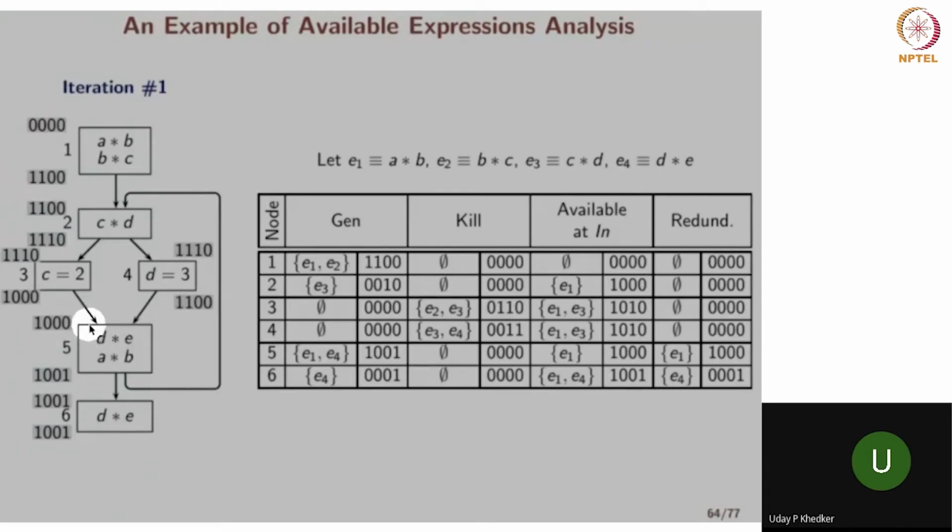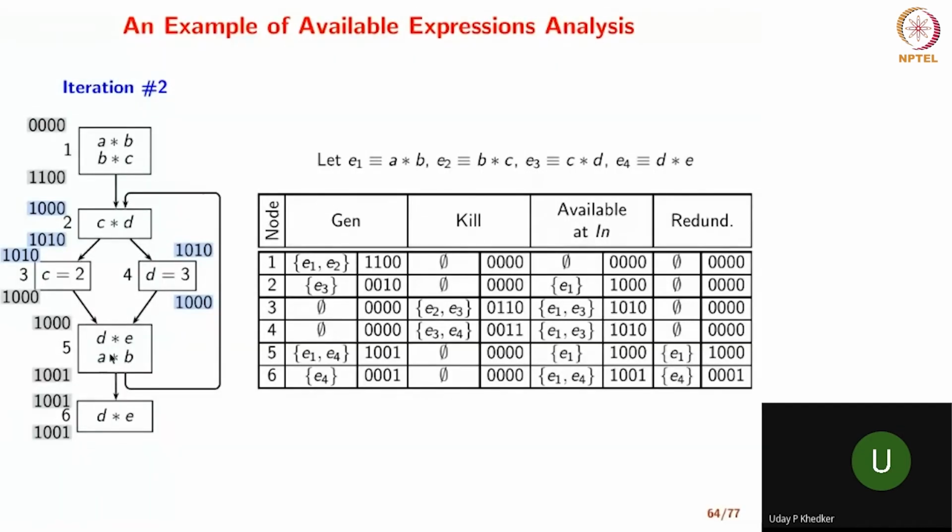Now we have A star B available here. D star E is being computed. So we have 1001 here, and we have 1001 here, and we have 1001 here. Now we can perform the analysis once again, and we observe that there is a bit of change because now this value was 110.